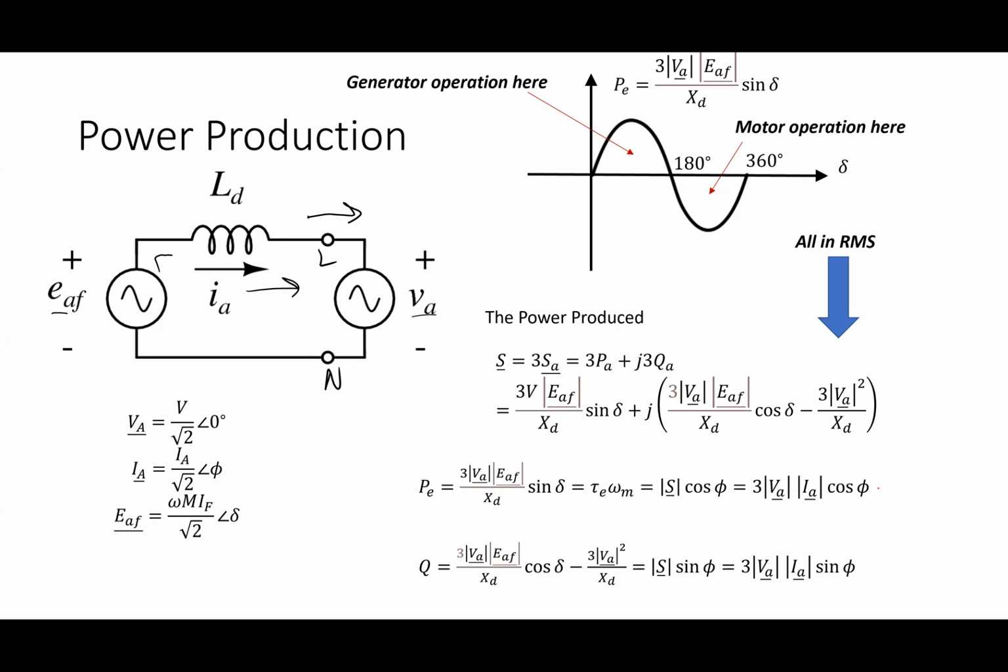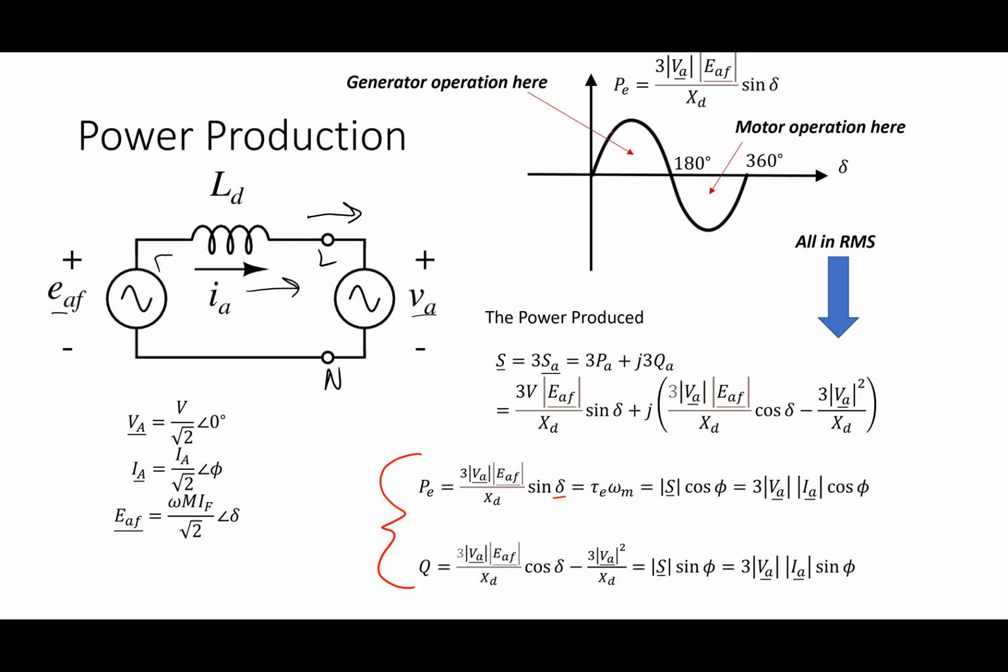So one picture that we need to understand about that synchronous machine is the picture right there in the upper right. What I've shown there is the power curve. We derived this, and it's in summary there in the notes. Basically, the electrical power and the Q that can come out of the terminals of that machine are related to this angle delta.